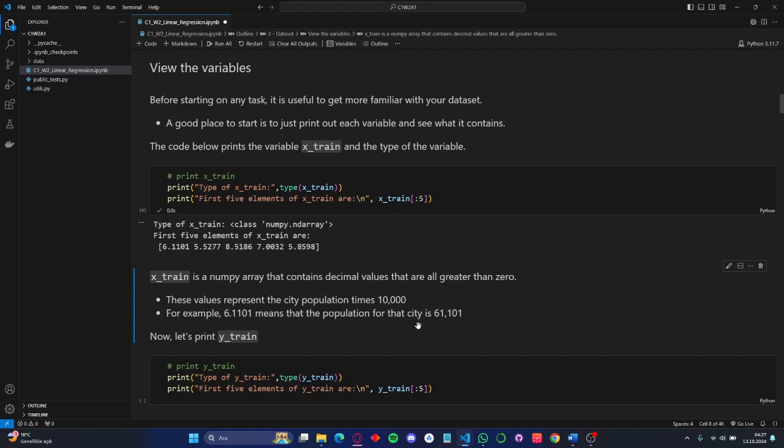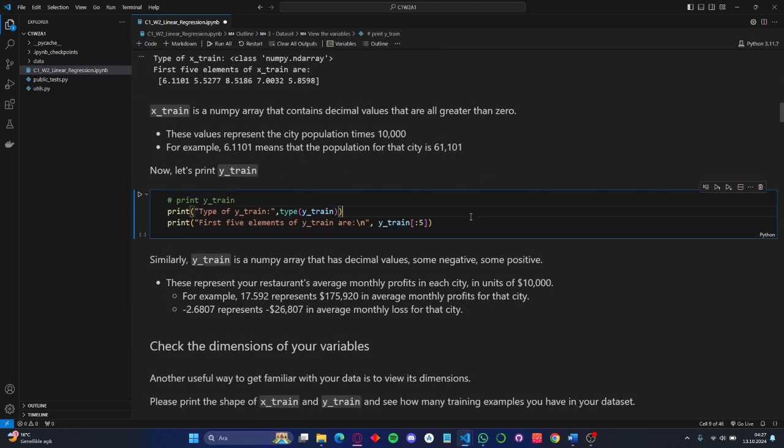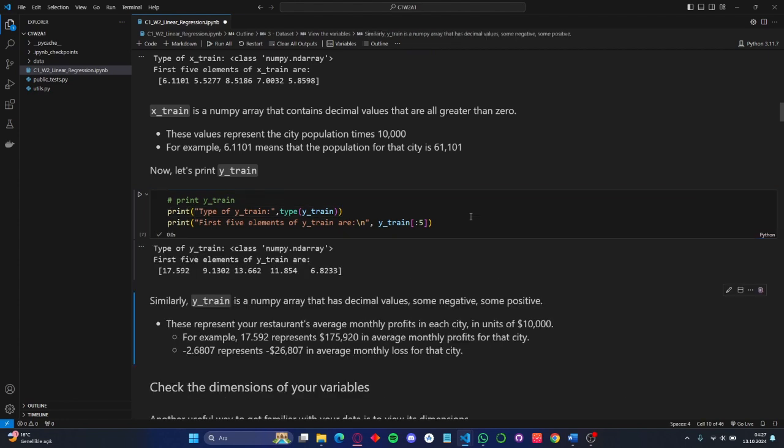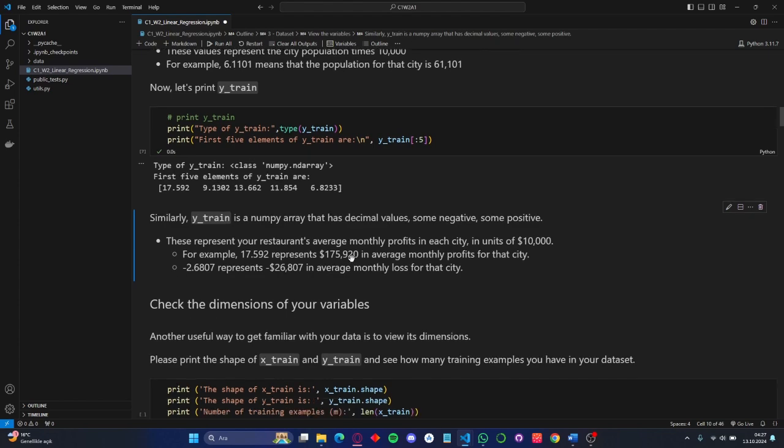For example, this is 61,000 population in that city. And here we look at the type of Y train and its first five elements again. Y train means the profit in that city. For example, this means that much money.